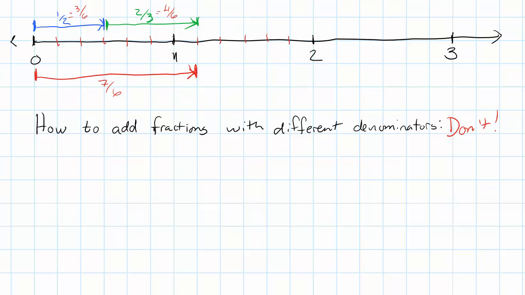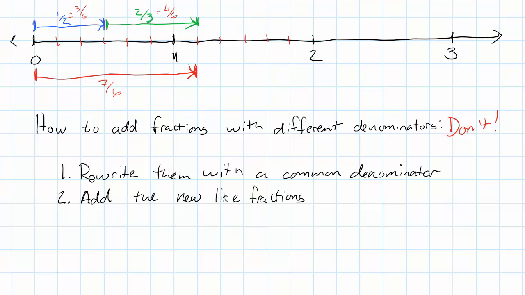We do not add fractions with different denominators. Instead, first we rewrite them as equivalents that have the same denominator, and once we've done that, we add the like fractions that we have now.